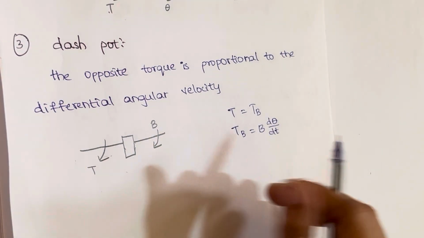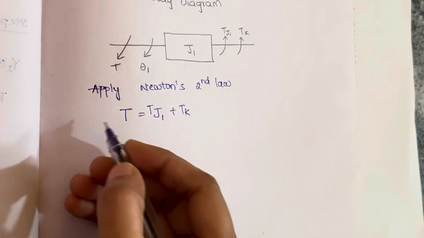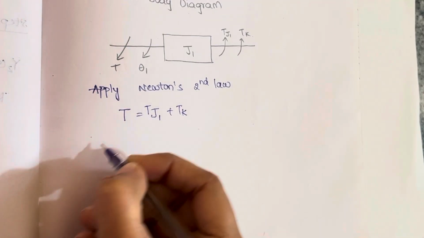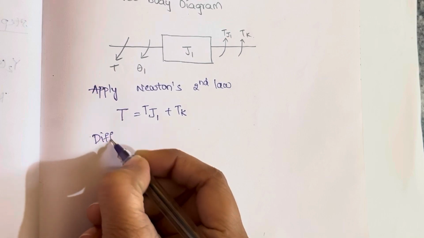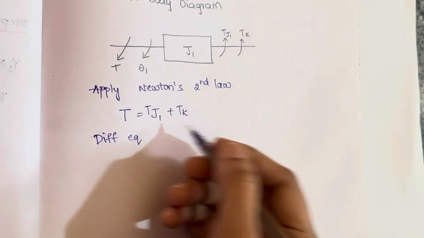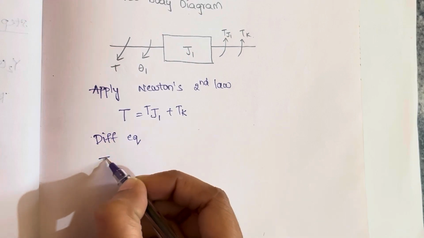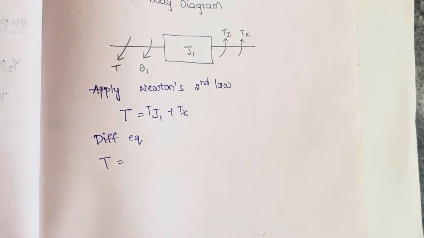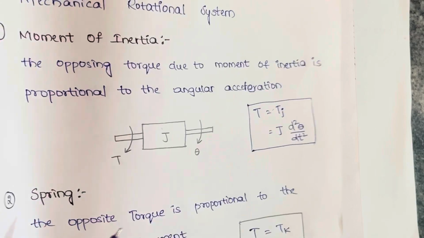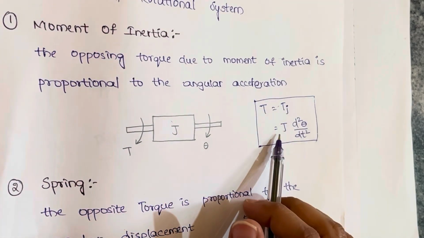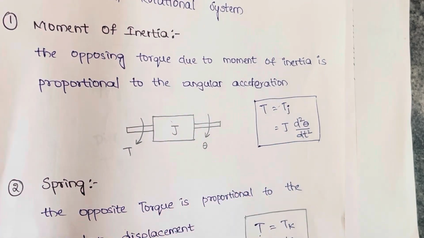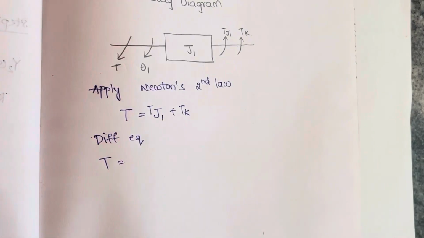Now let us solve the problem. Now write the differential form for this equation. T equals Tj1, I have already told you that it is J d square theta by dt square, right?